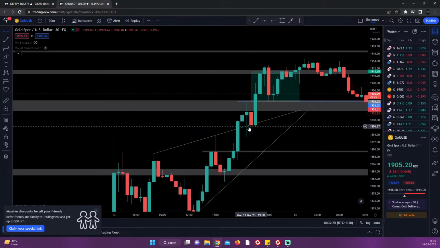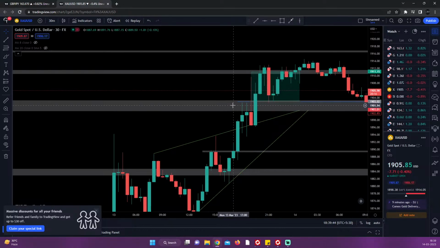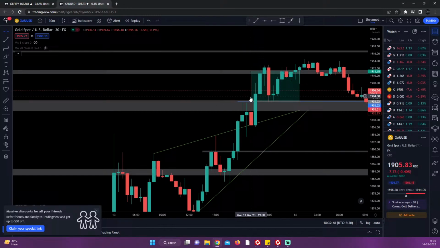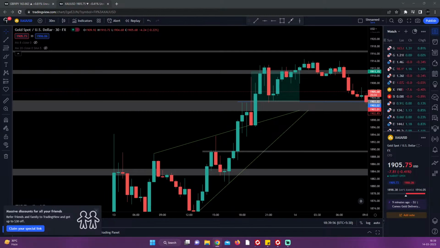After that the next candle closed above, breaking and closing above this resistance area, and then the next candle did go up. Yeah, I think that was a good idea to close the trade over here. Yeah, I think that was a great idea.